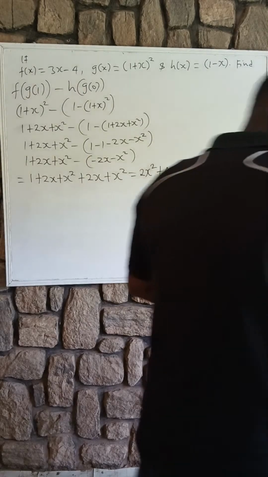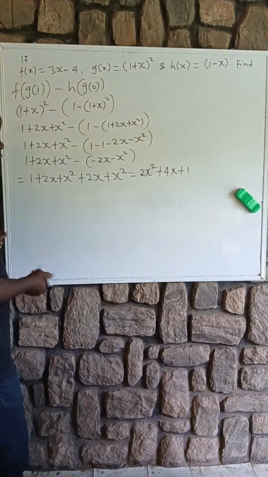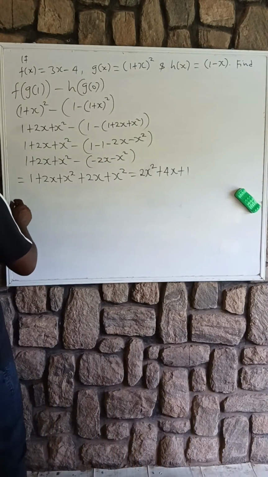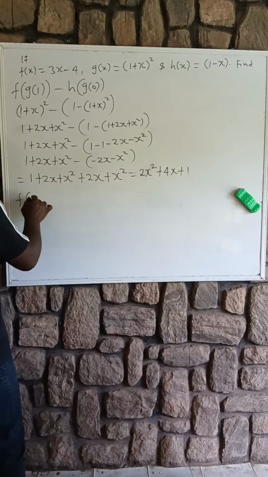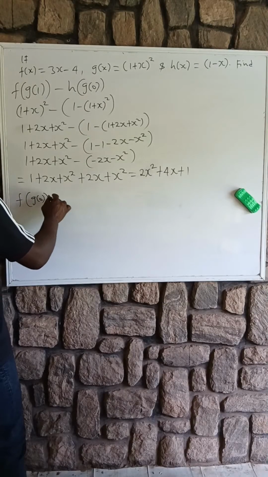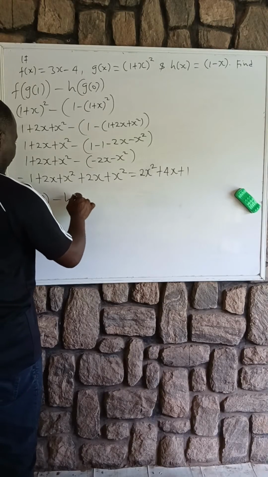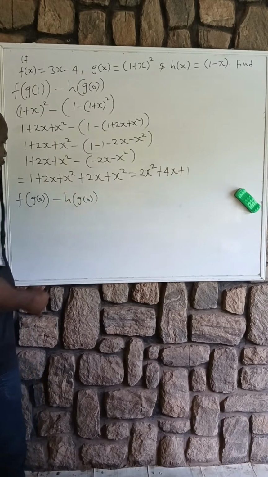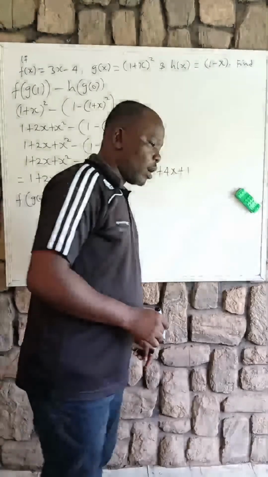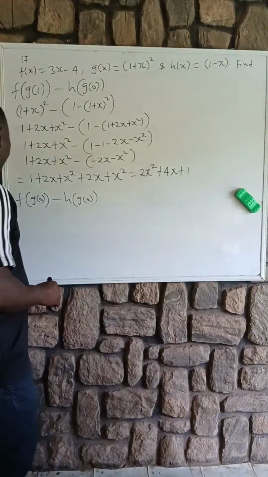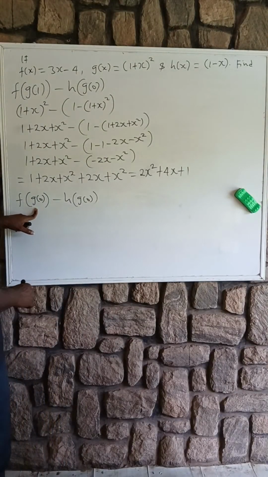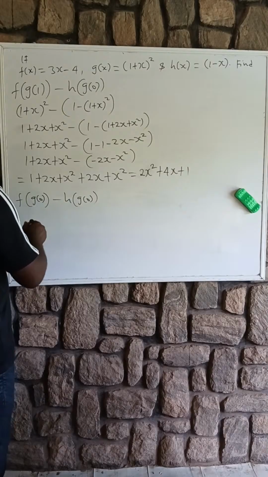Okay, let's consider one more. I told you I'm not going to solve everything because there are so many. f of g of 1 minus h of g of, yeah. Am I right? Okay. So g of x is what? That.